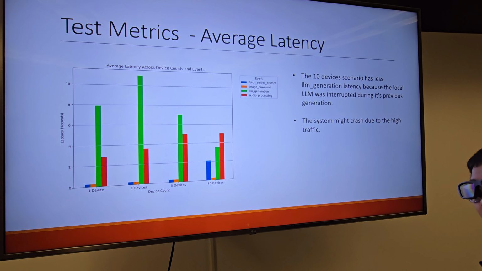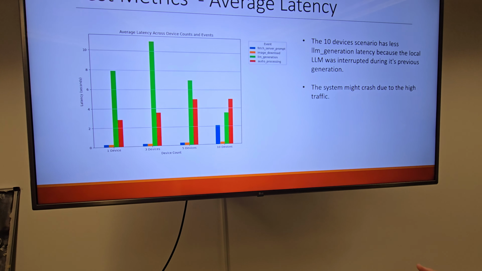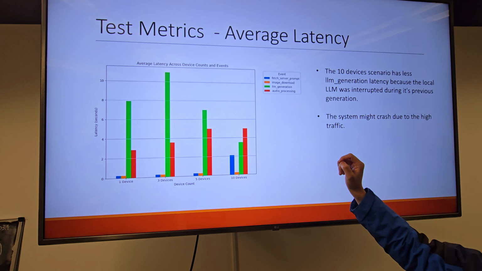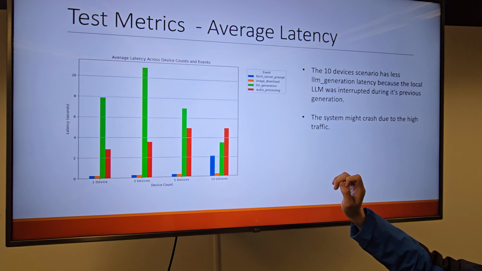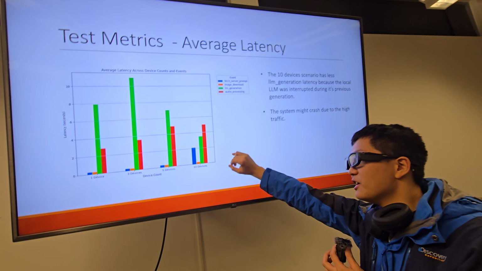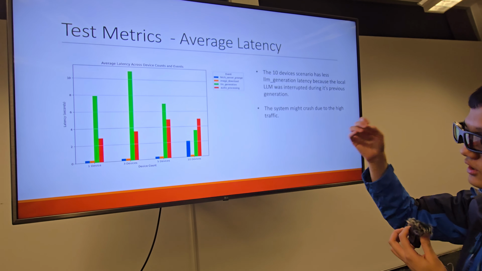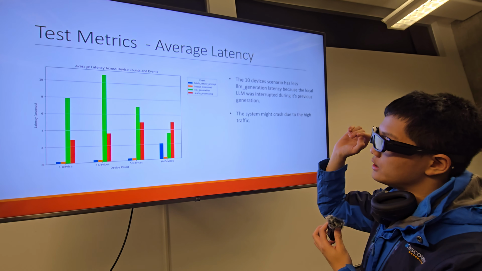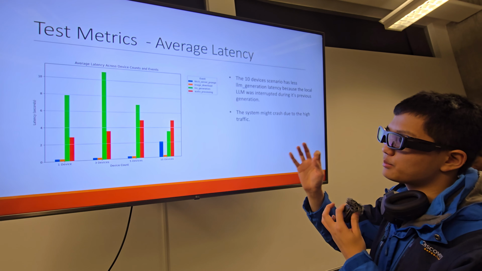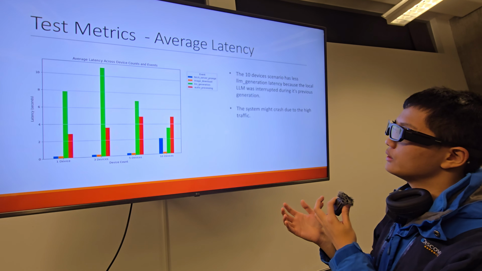And then you can see the average latency of our system. Again, this is at this stage only designed for one device, but you can see the processing time of the large language model latency decreased at 10 devices, which is kind of unexpected. But I can explain that: the large language model was cut off from its previous processing by a new prompt.